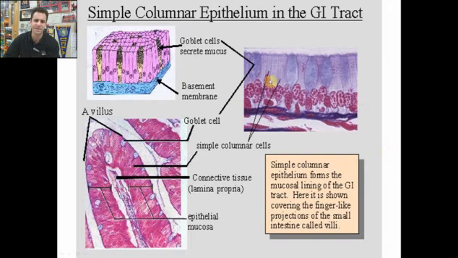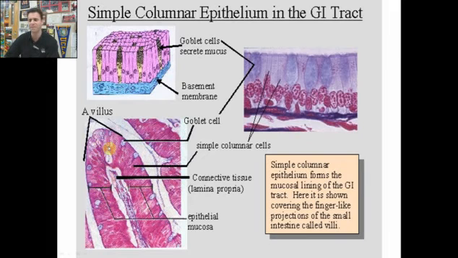They're pretty characteristic, with the nucleus found towards the basement or basal surface and lots of space at the top. You'll also see mixed in here these cells that you can see there; these are goblet cells that secrete mucus. So simple columnar epithelial cells are typical of mucosal secretion areas, such as in this image of the GI tract. And what you'll also notice is they make up the sides here of a villus.